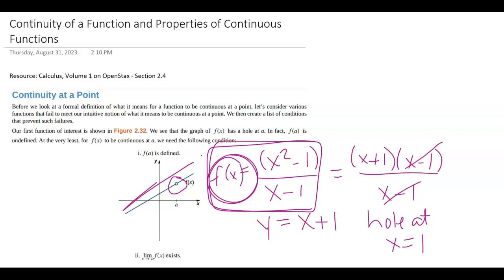In order for f of x to be continuous at a point, you need to make sure the function is defined at that point. In this example, f of 1 does not exist, or f of 1 is not defined. Therefore, this function is not continuous. F of a must be defined if I need a continuous function at x equals a.